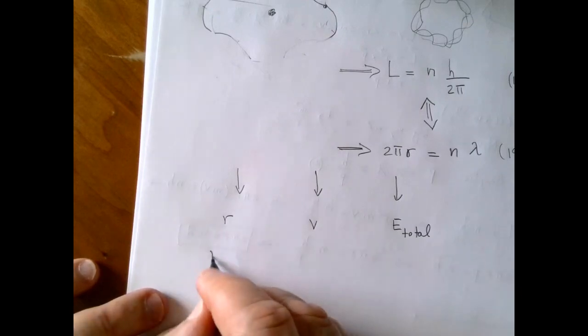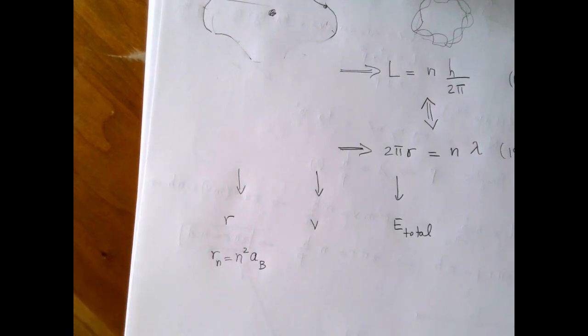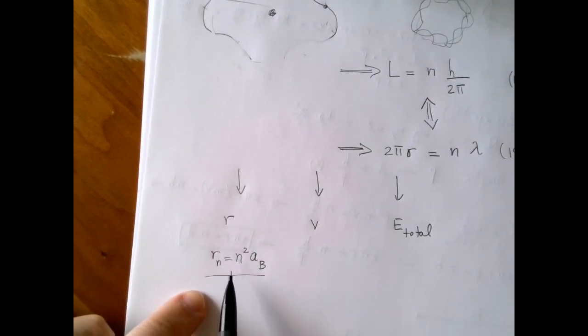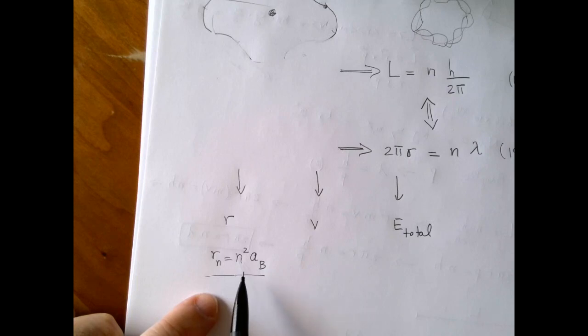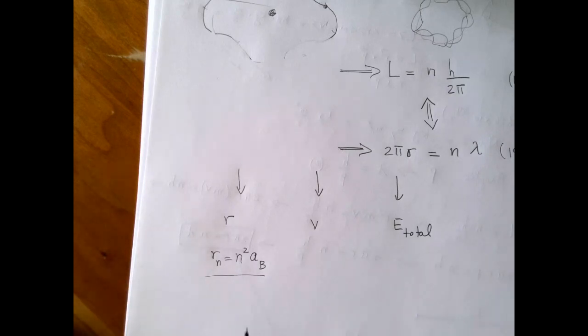Using this n, the radius can take only values that are given by this relation. In other words, they can take only values that are equal to a certain constant, which is called the Bohr radius. We'll see it soon. So the radii of the electron's path can be only a_B, 4a_B, 9a_B, and so on.